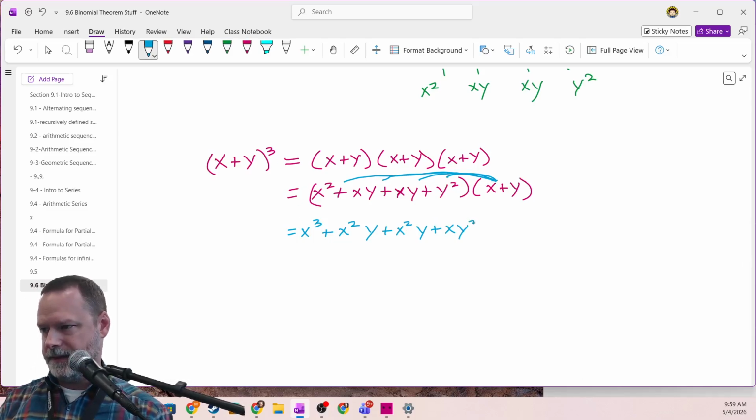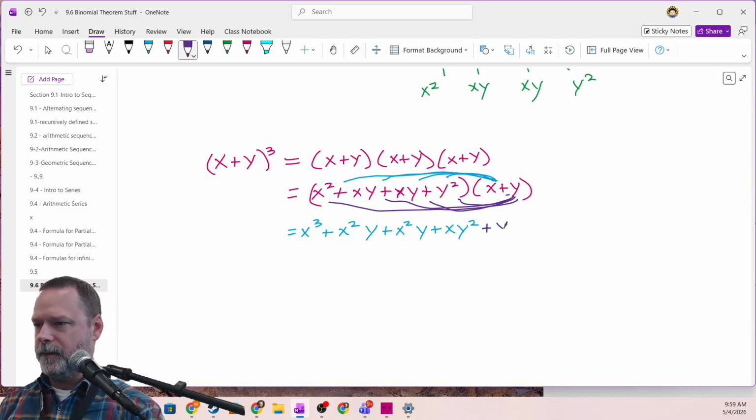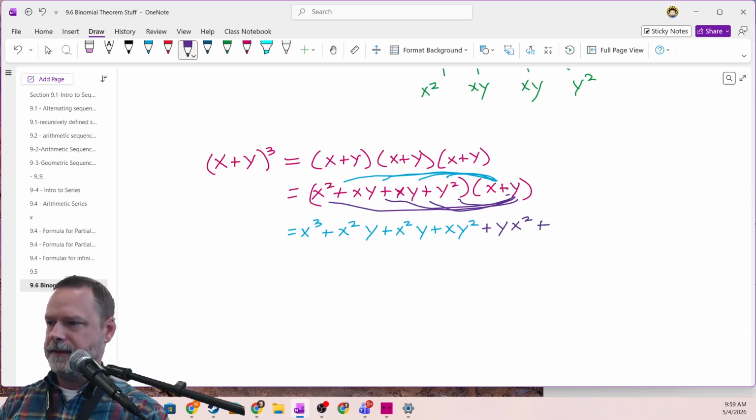xy squared. Okay. There. So x times every term in here. And then we got to do the y times everything. So let's do the purple here. And we'll do y times each of these. We're starting at the left, though. So y times x squared first would be y x squared plus y times the xy would be xy squared. Oh, you know what? I do prefer to put my x's first.